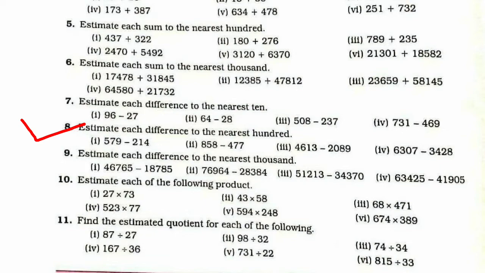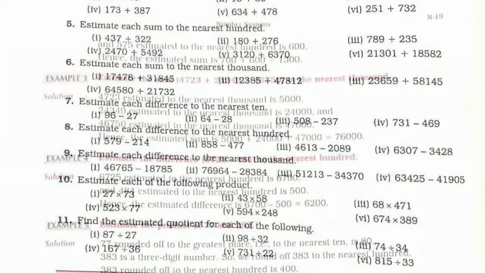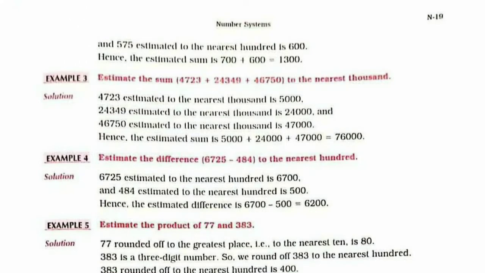Let us see how we will solve these types of questions with the help of an example. Example number 4. Estimate the difference 6725 minus 484 to the nearest 100.